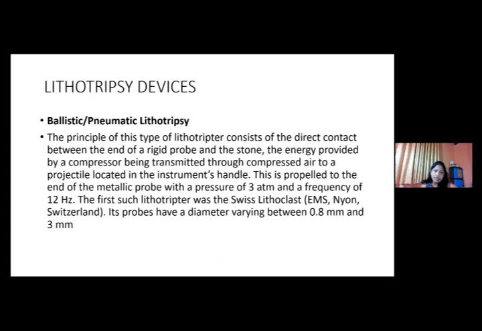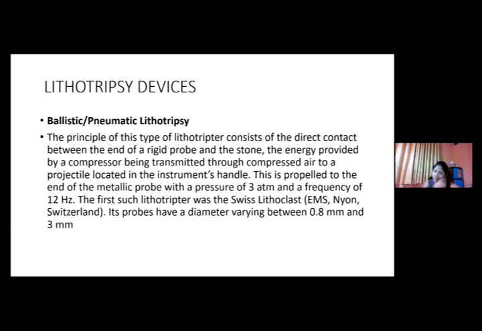Then coming to the lithotripsy devices. We have various lithotripsy devices ranging from pneumatic, laser and other hydraulic ones. Pneumatic lithotripsy is the old generation, the first to be invented.